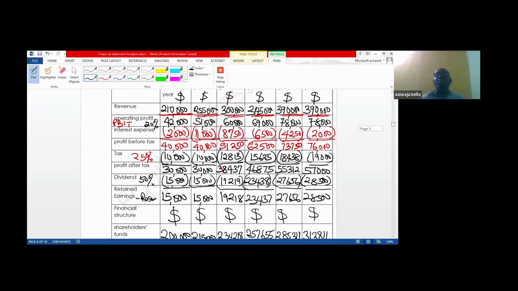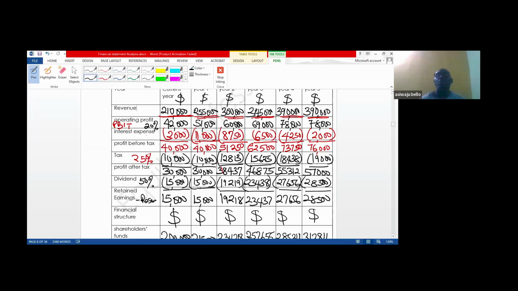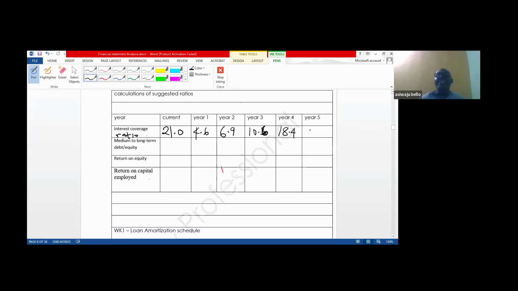Let's check it. 78,000 divided by 2,000. 39 times. Don't forget, this is calculated in times. Interest cover ratio is the number of times operating profit covers interest expense.